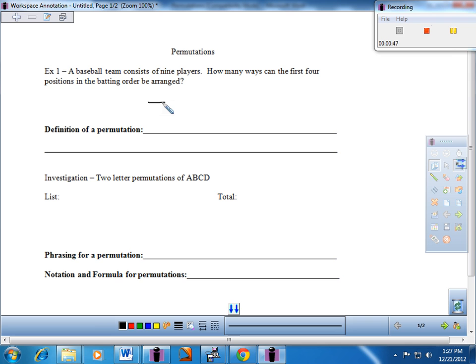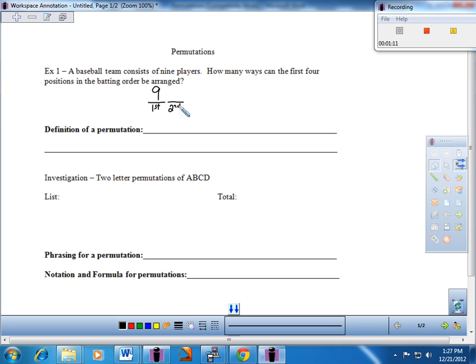So how many possibilities are there for the first batter? Obviously, the baseball team consists of 9 players, so there are 9 possibilities for whoever bats first. Then my second task is to see how many possibilities there are for who bats second.